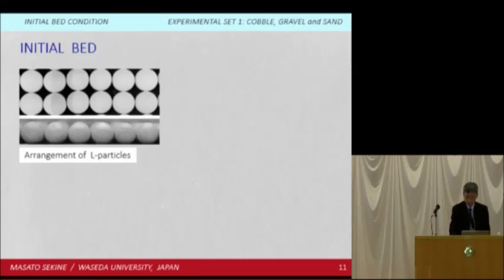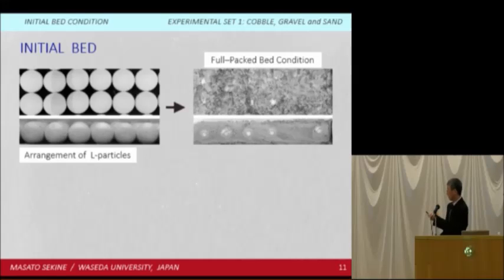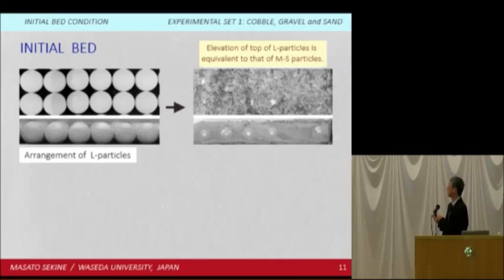And after that, we put M particles and S particles in the void space of the L particles and make a fully packed bed condition. The elevation of the top of the L particles is equivalent to that of the M and S particles.